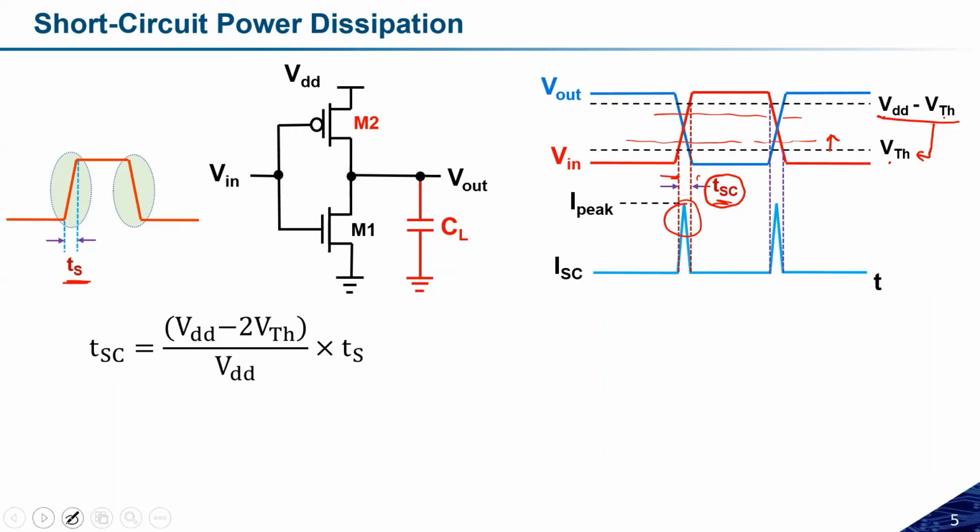So let us consider the Kn, which is the mu CoX W by L process parameter, for both the PMOS and NMOS transistors to be the same.